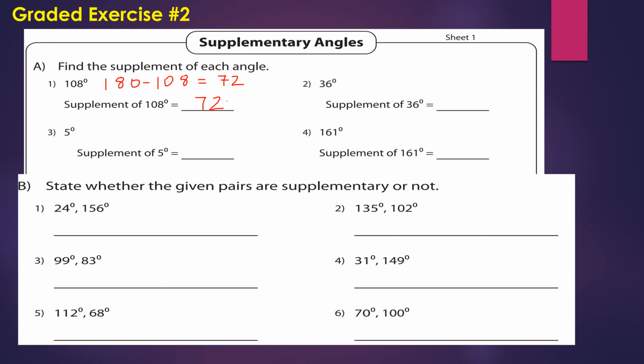All right, moving right along, we have number 2. Does anyone want to help me with number 2? What is the supplement of 36? Go ahead, Javin. You take 36 away from 180, so we have 180 degrees minus 36. What is 180 degrees minus 36? 144.